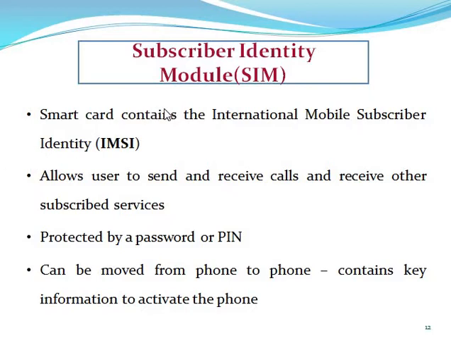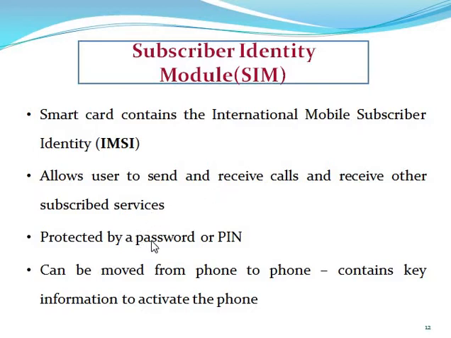The smart card contains the International Mobile Subscriber Identity. It allows the user to send and receive calls and receive other subscriber services. So the user sends messages, calls or any information using the SIM. Without a SIM you cannot connect for any mobile or data transmission.